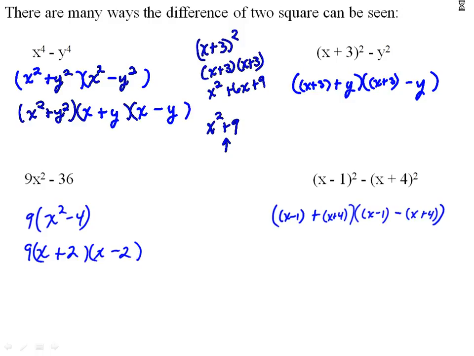Look, x minus 1 plus x plus 4. Where are the like terms? X and x. What's x plus x? 2x. What's negative 1 plus 4? 3. Because, guys, what we're doing is what we did in 3.1. Watch.